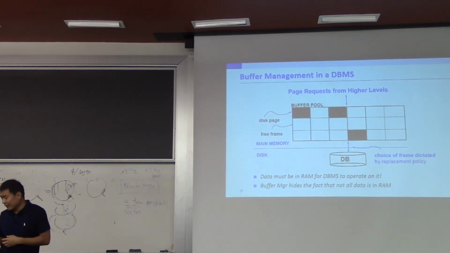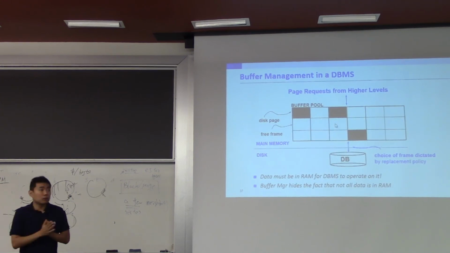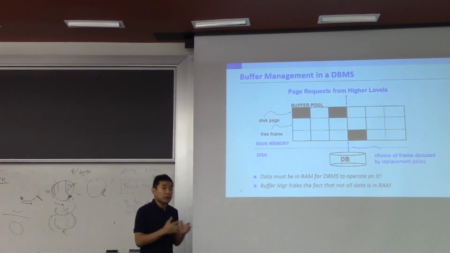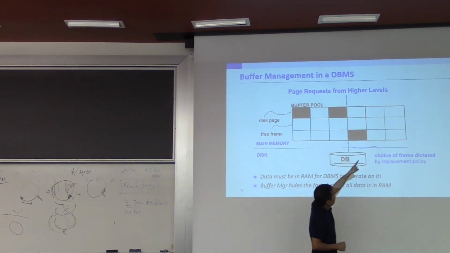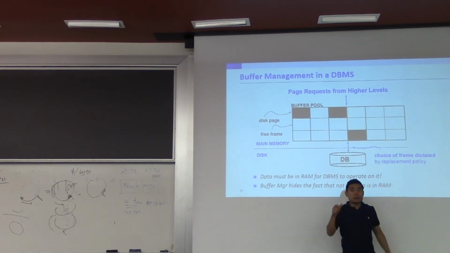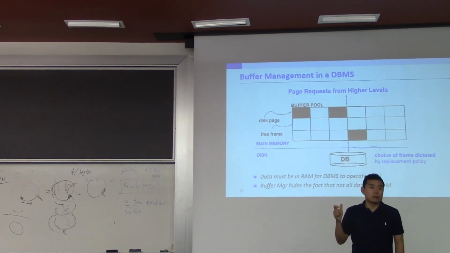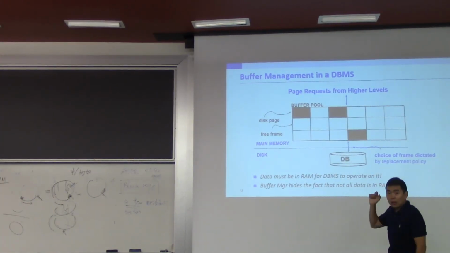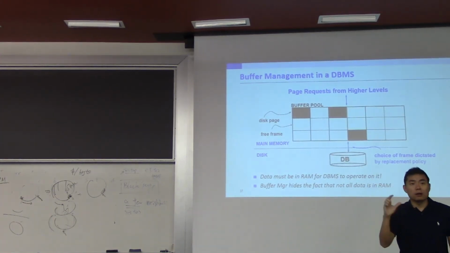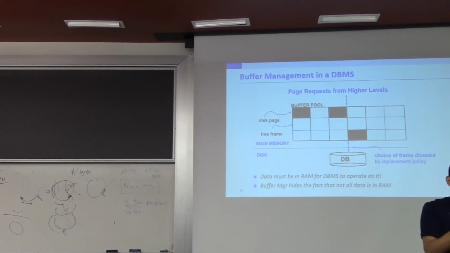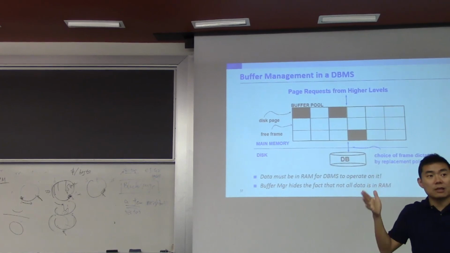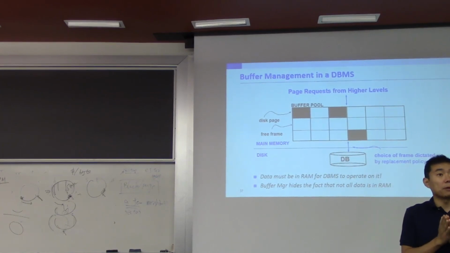So I have simply a collection of pages or blocks sitting in this reserved space in my main memory. A white box represents a free page, a free block that is to be used. A black box represents a page or block that's occupied by some page you previously read from disk, and you cache it in your memory buffer.